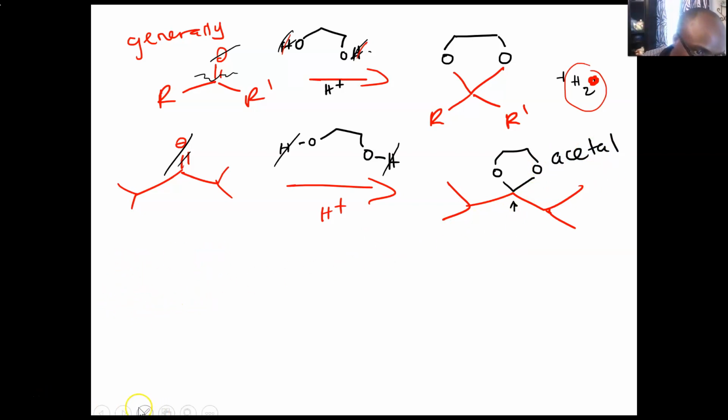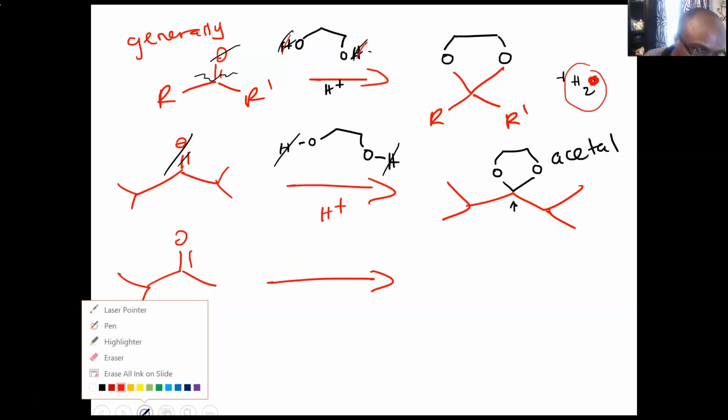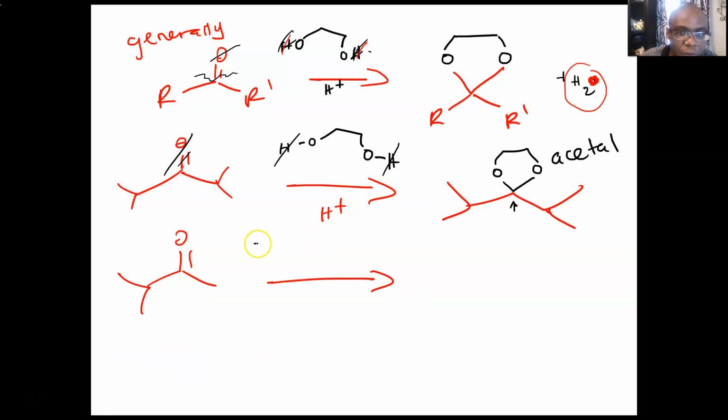Now what if I have a bigger carbonyl structure, like let's say I have that, and I have a bigger diol. So let's say I have 3 carbons in the diol. It's the same thing. The OH and OH will be lost. Of course, here you lost water. Those will be lost and form H2O, and the oxygen and carbon should no longer be there.